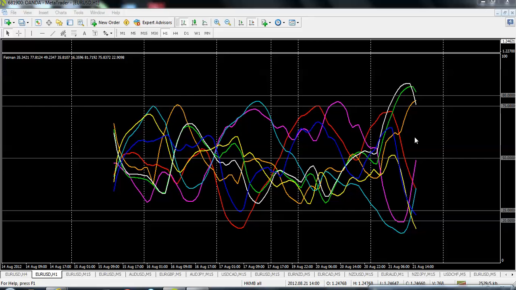Now what you can see here is a chart with an indicator, with these two colours at the bottom hitting the floor. You've got these two currencies at the top also hitting the ceiling, but these two started to turn first. Can you see where the cyan or light blue line is starting to turn, and the magenta line here starting to turn? These two represent the Japanese yen, and the bottom one is the US dollar.